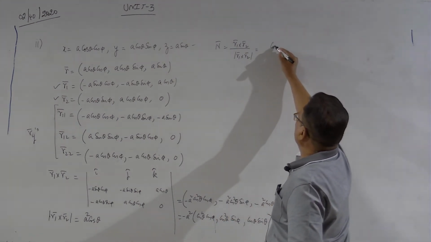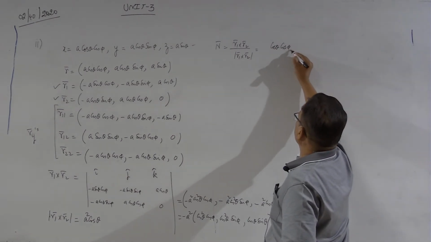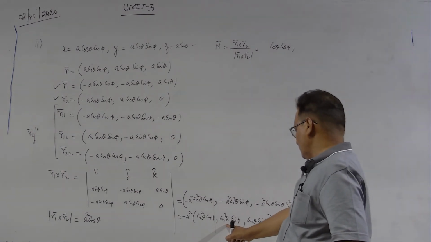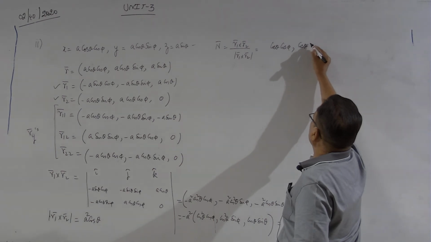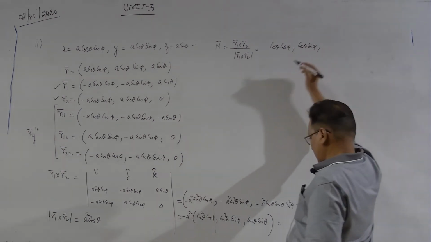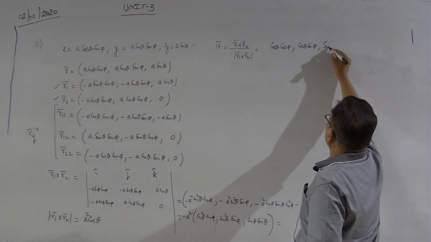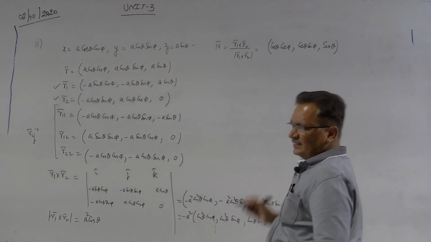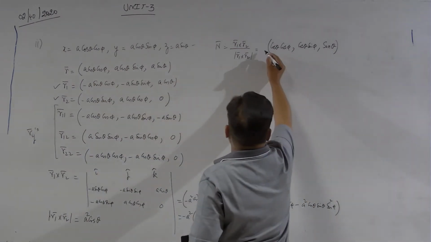So, this is simply cos theta cos phi, and here you will be getting cos theta sin phi, and that is sin theta, and this is what we were expecting also. This is the unit normal with minus sign, you are right.